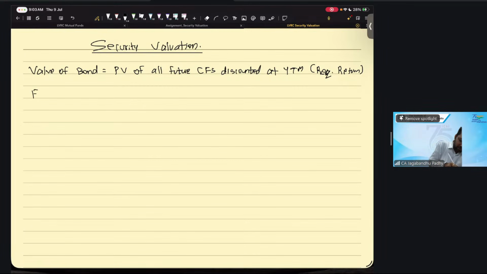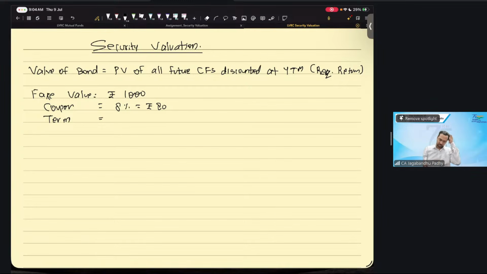So suppose I give you certain values like face value is 1000, coupon rate is 8%, which is of course 80 rupees.